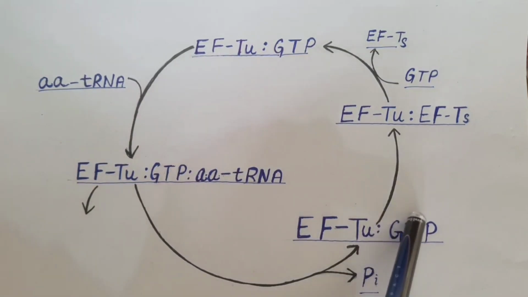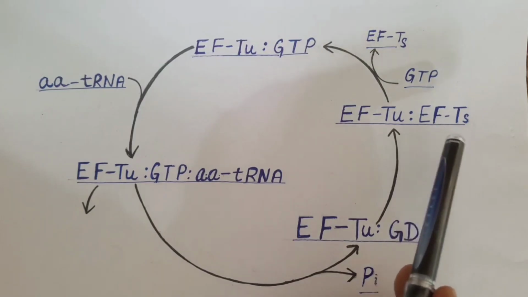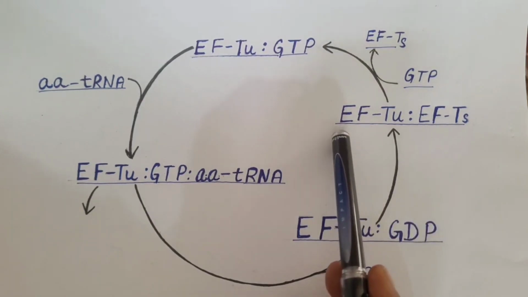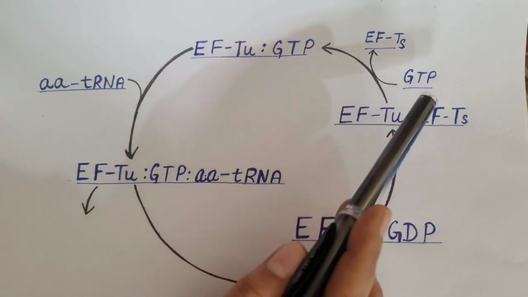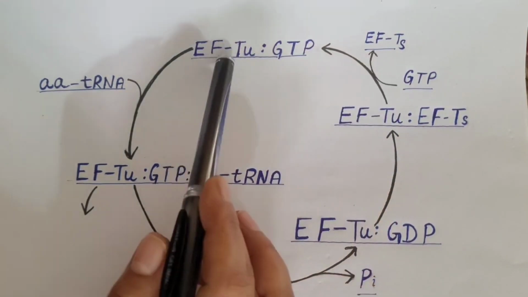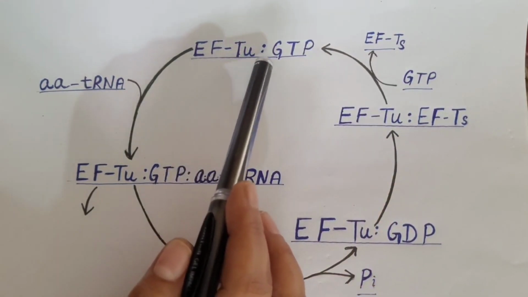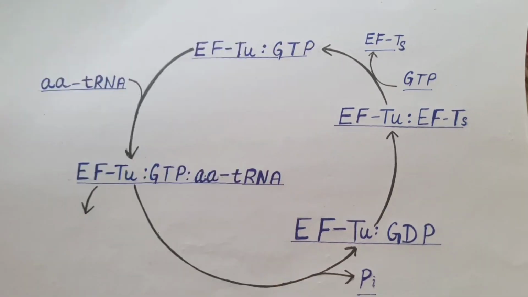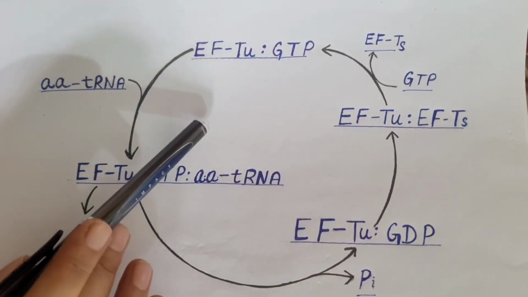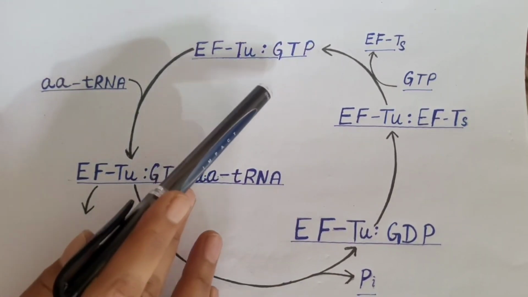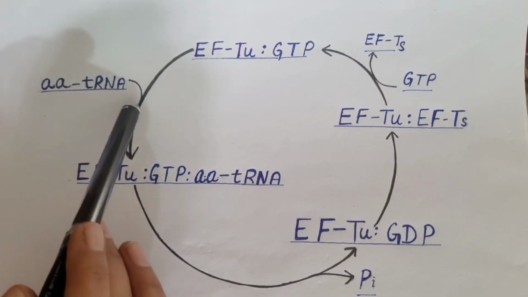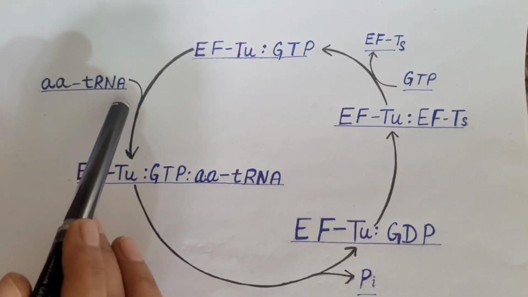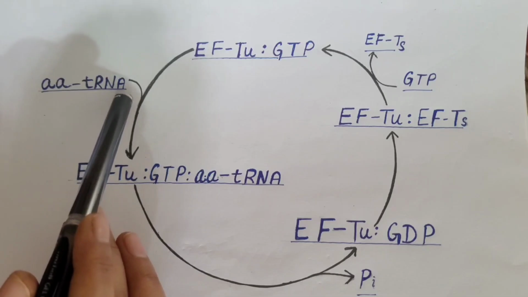Then this GDP is displaced by the EFTS and forms EFTU-EFTS. Then this EFTS is displaced by GTP and EFTU-GTP is regenerated, and it is now ready to take part in another round of elongation. Again it binds with another aminoacyl transfer RNA depending upon the codon present in the A site.